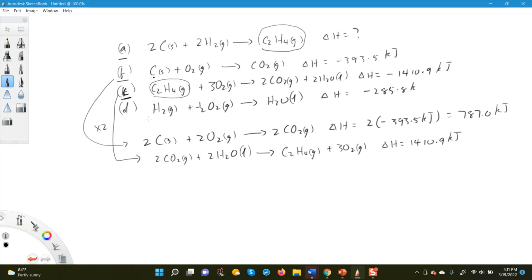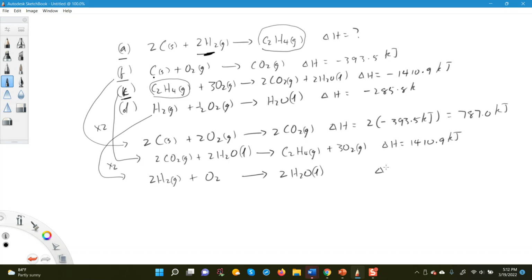Okay, and then now we get to equation D. If you compare equation D to equation A, you'll notice that you have 2 H2s on the left, but you have only 1 here on the right. So what that means is that I would multiply that by 2. When I do that, I'm going to end up with 2H2 gas plus O2 gas, and on the product side, I will have 2H2O liquid.